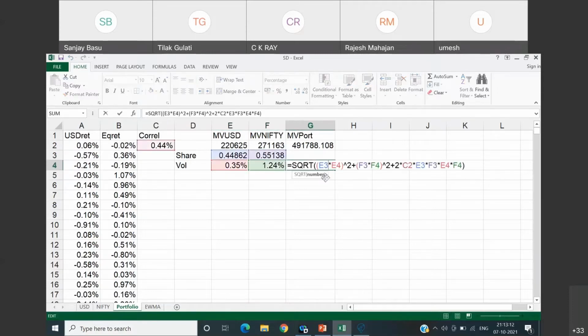In order to estimate portfolio volatility, W1 square sigma 1 square, where sigma is the standard deviation, plus W2 square, where W is the share, sigma 2 square, plus 2 into correlation. Why is it necessary to insert correlation? Because that captures the strength of the diversification benefit, the presence or absence of the diversification benefit.